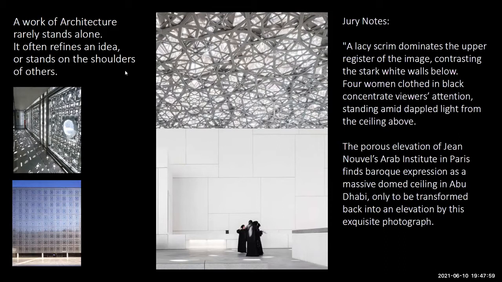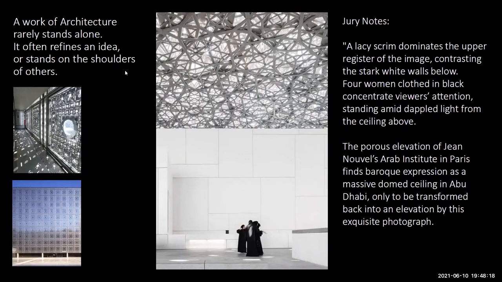All right, so what I've done is I've got those 2 pictures on the left, Jean Nouvel's Arab Institute in Paris. So he's got a building where he's interpreted the Islamic art pattern on the external facade. He's got a glass box with this intricate pattern in behind it.